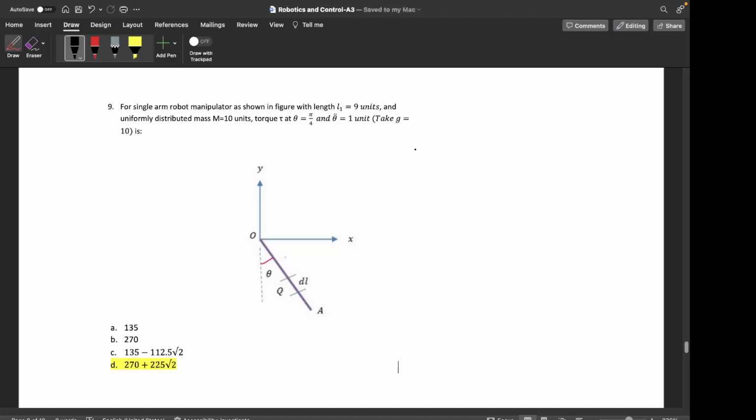So I will just copy the result this time for the torque expression. So again, I will write the expressions for kinetic energy and potential energy. You should try to compute these expressions on your own, right?